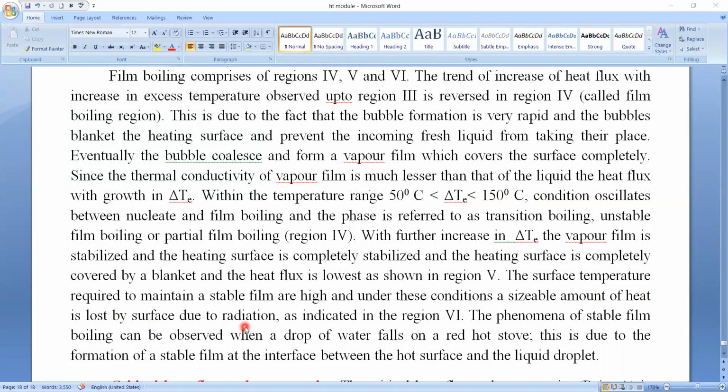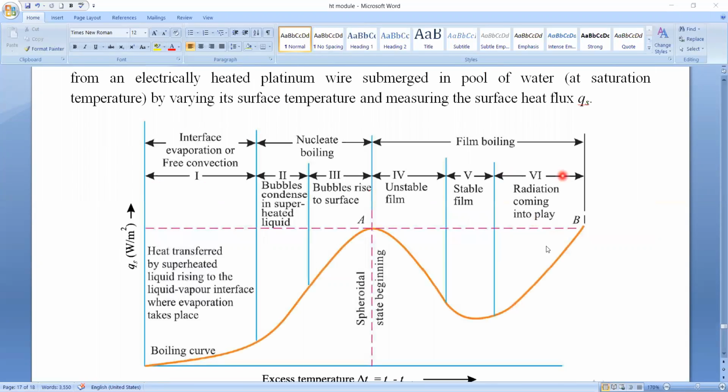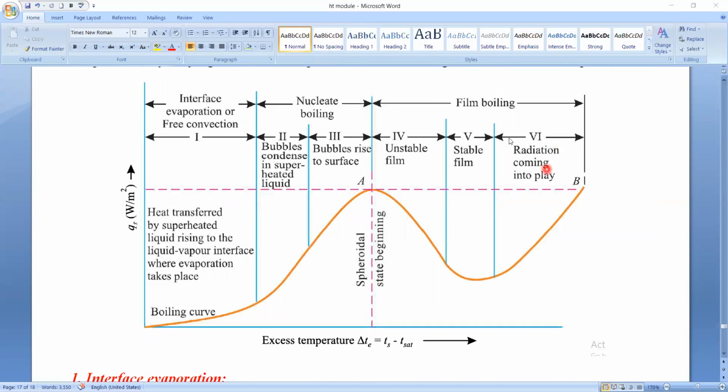Under these conditions, a sizable amount of heat is lost by the surface due to radiation. So in the last region, the radiation comes into picture, as indicated in region 6. Upon further increase in the temperature difference or the excess temperature, the radiation comes into picture.